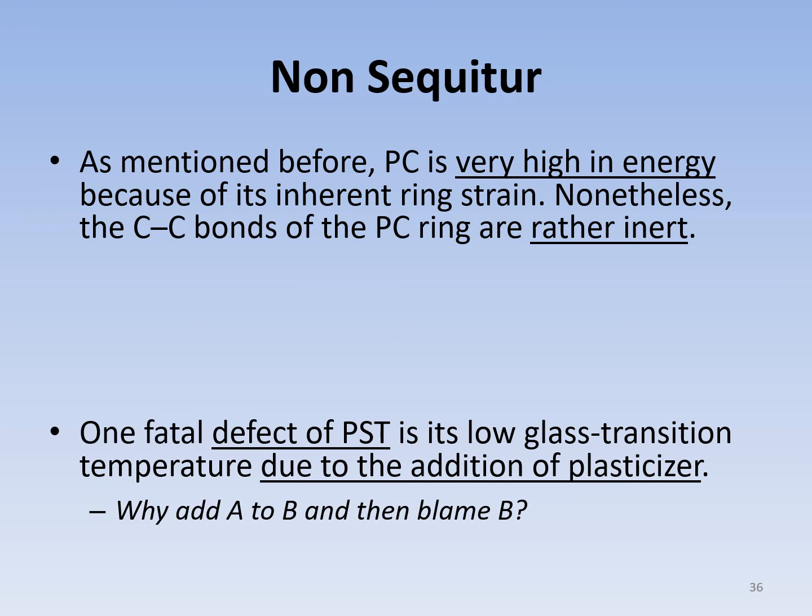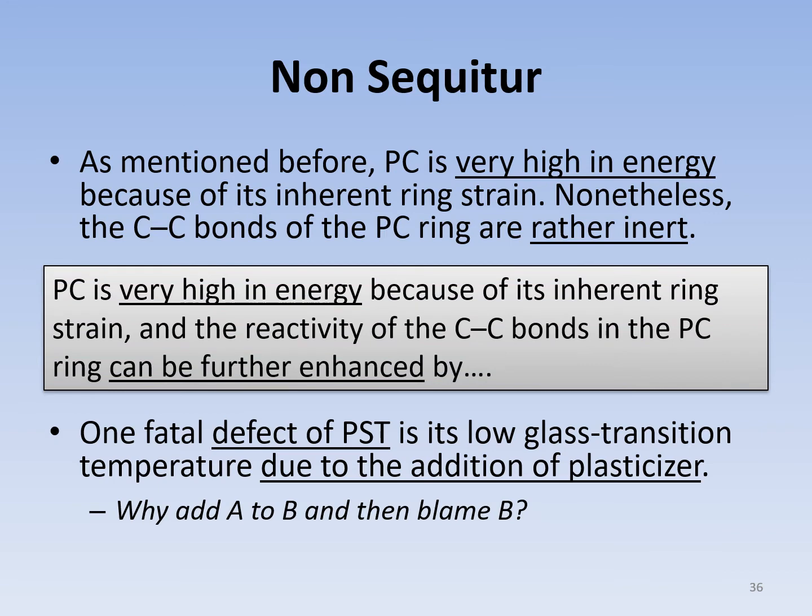This molecule is very high in energy because of its ring strain. However, the bonds in the molecule are rather inert. So what exactly is going on? It's actually: this molecule is very high in energy because of its ring strain, and its reactivity can be further enhanced.